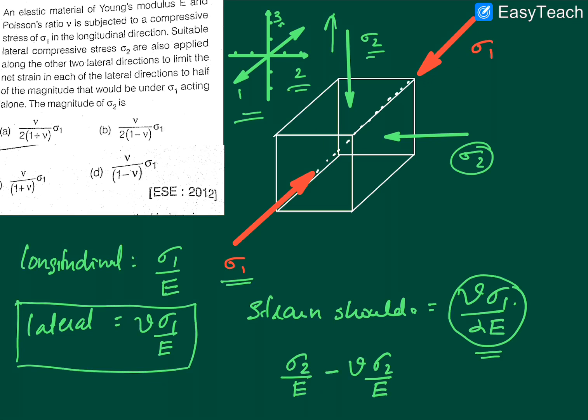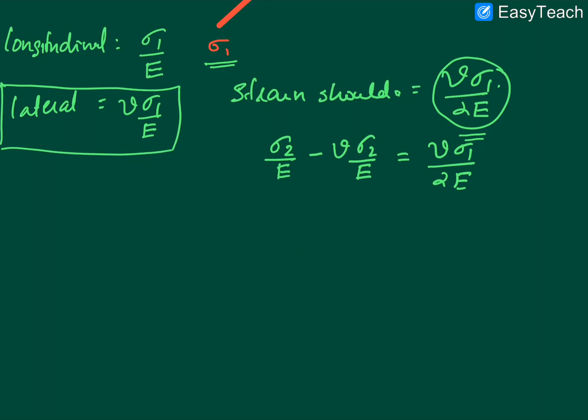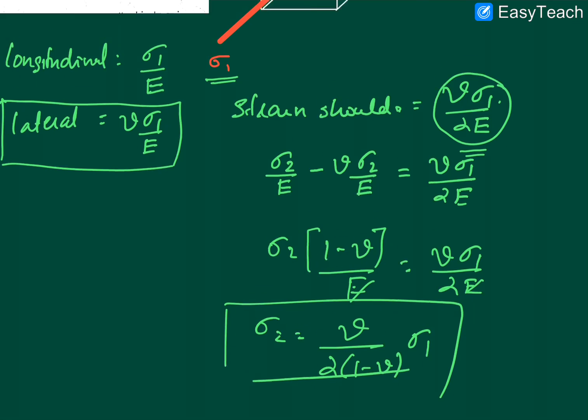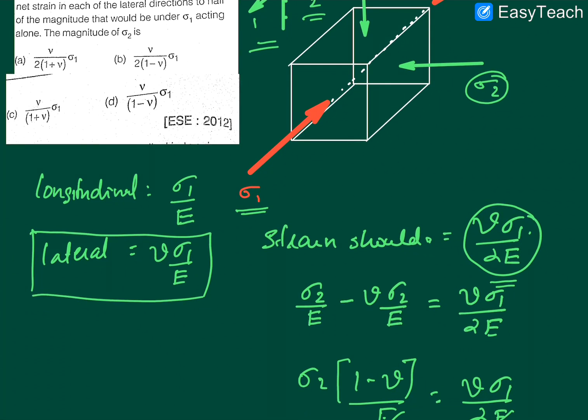The sum of these should be equal to nu sigma 1 by 2E. By taking sigma 2 common, 1 minus nu divided by E is equal to nu into sigma 1 divided by 2E, where E gets cancelled. Therefore, the value of sigma 2 is nu divided by 2 into 1 minus nu, into sigma 1. So this will be the answer, and option B is correct.